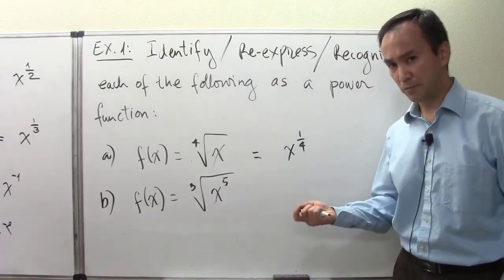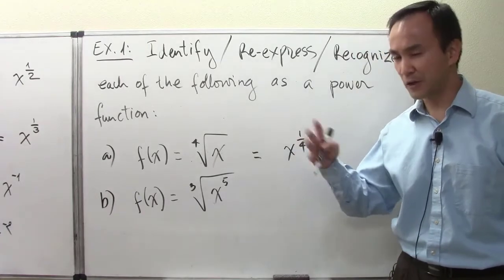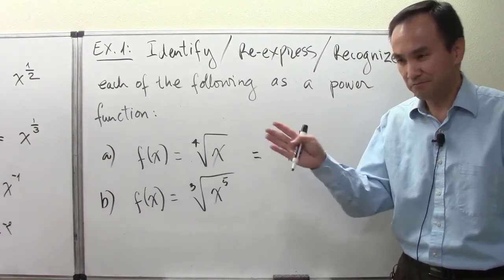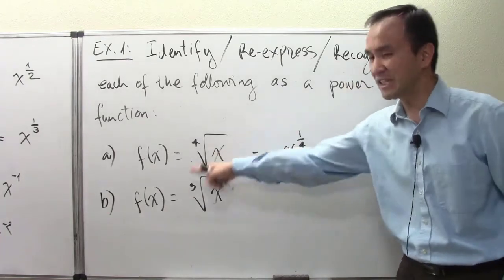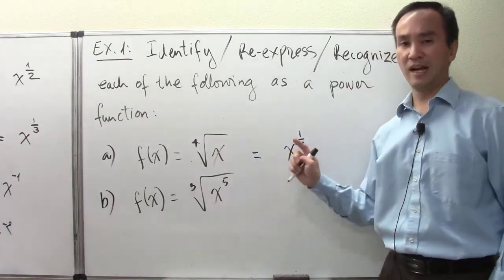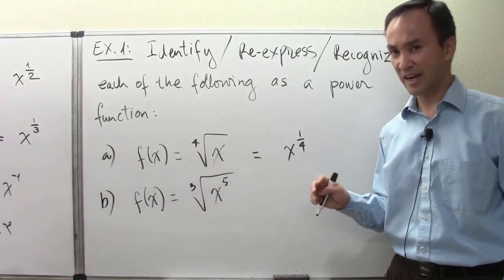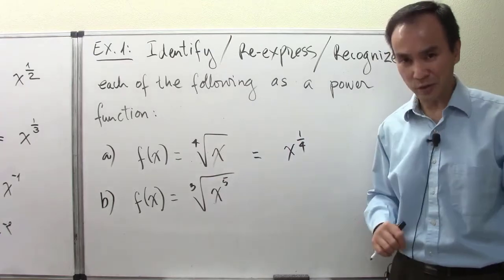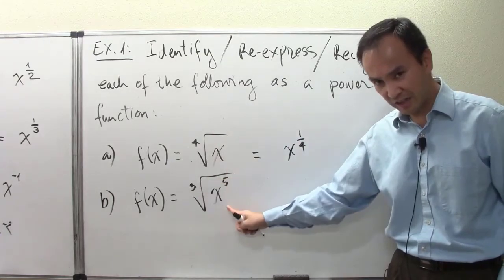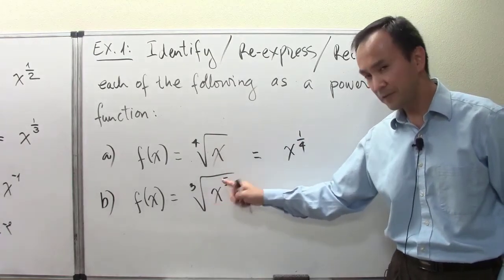Well, in your previous courses, you've spent a lot of time simplifying roots and all of that. But the point now is, how do I see this as a power function? I don't need anyone to simplify or reduce your root or whatsoever. This is a cube root, and inside of the cube root we have an x to the 5th power.